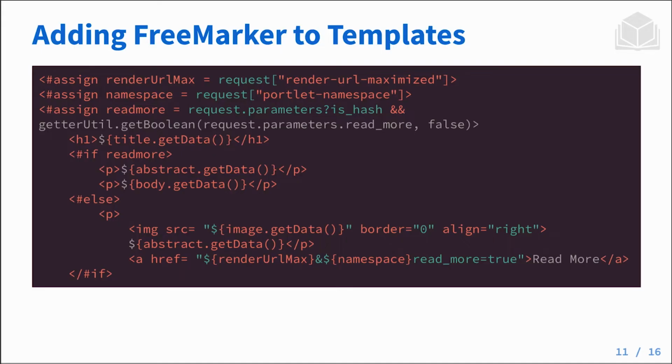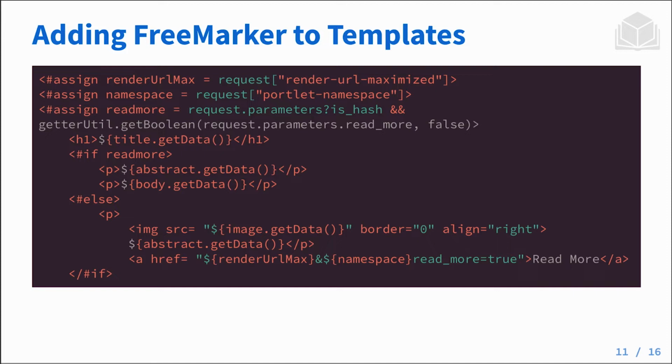So here, what we have is a basic FreeMarker template where we can assign variables that are using some of Liferay's API at the very top, and then we can build a basic structure. So we have a title section, an if-else statement here, and we have some structure information here as well. Anytime you see the getData method, that is referencing a web content structure.